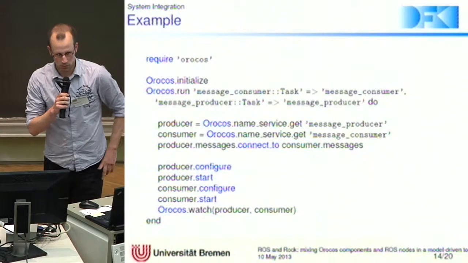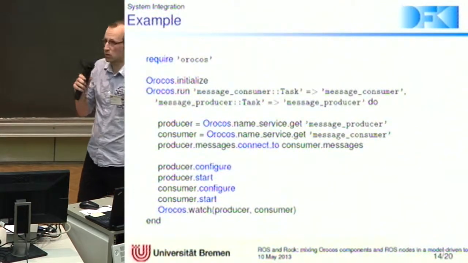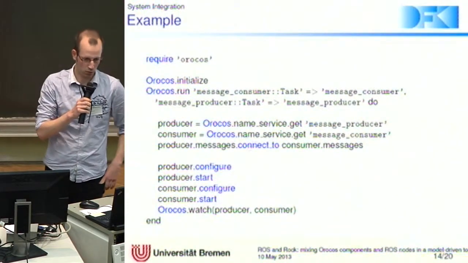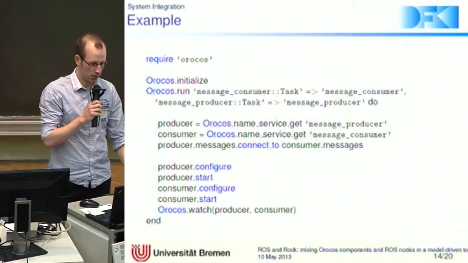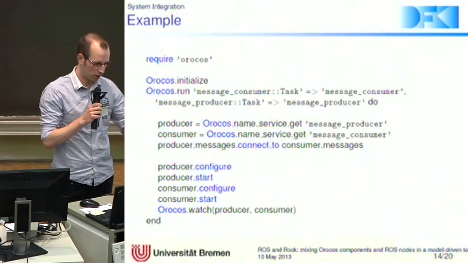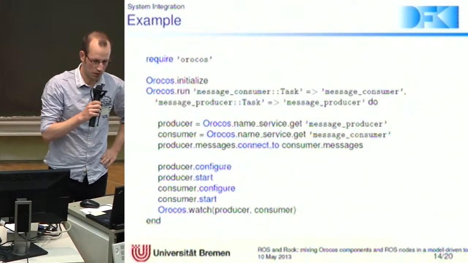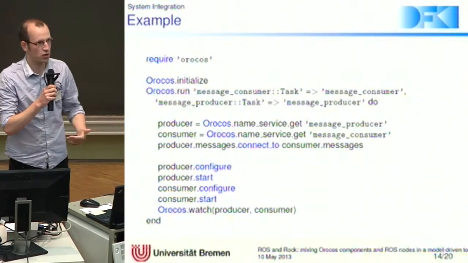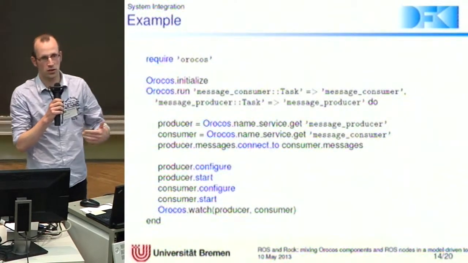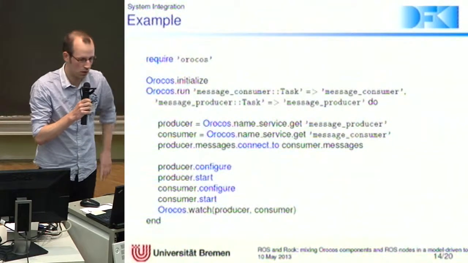So a Ruby script looks like this. For those not familiar with Ruby, it's actually a domain-specific language that we define here using Ruby. Require ROS is just loading our functionality in, then ROS initialize. Initialize also sets up the communication layer underneath, including Corba.